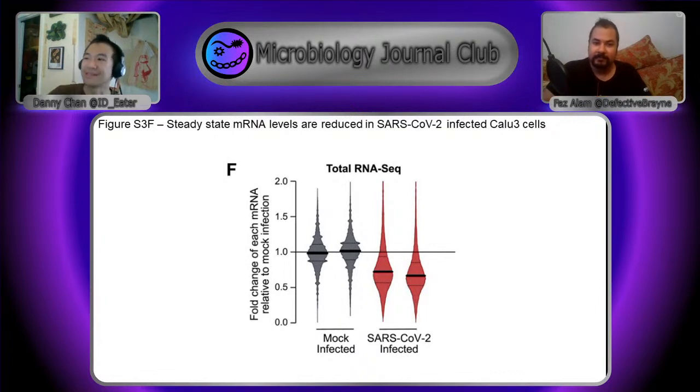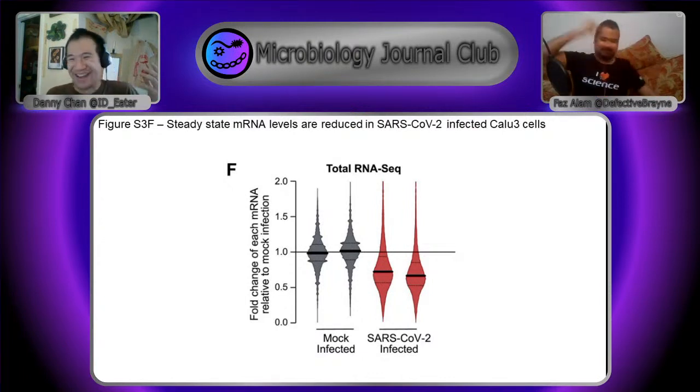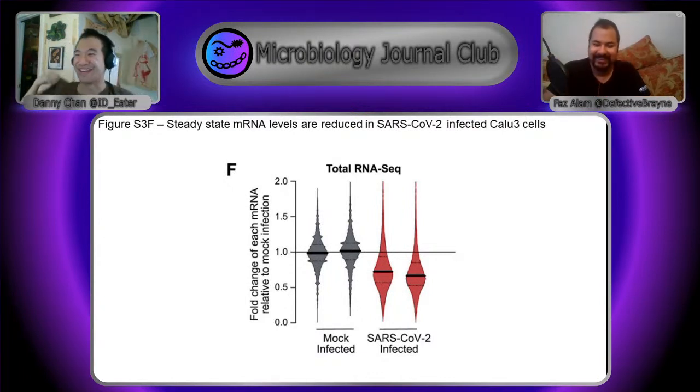So this is like a consequence, right? They said, okay, if splicing is affected, then what's a consequence we could see of that? Well, all the mRNA should be down, because the cell's like, all this junk that we're making, we gotta get rid of it. And sure enough, they're seeing that same effect here, right? That the mRNA levels are down.